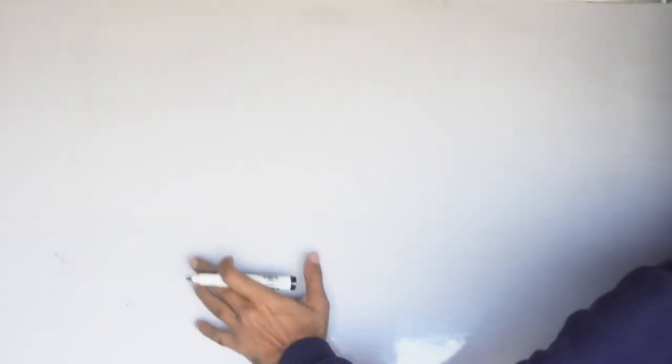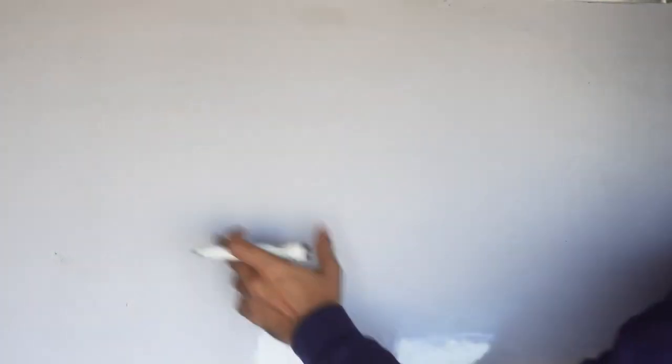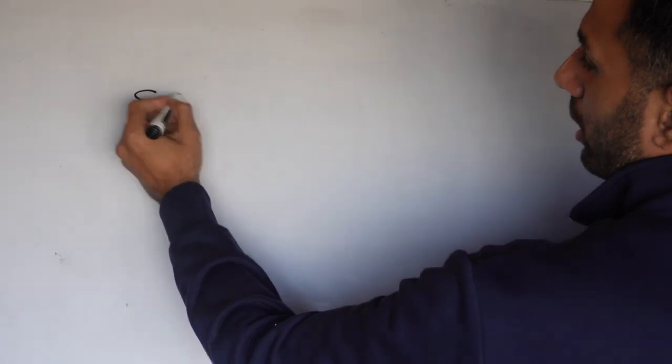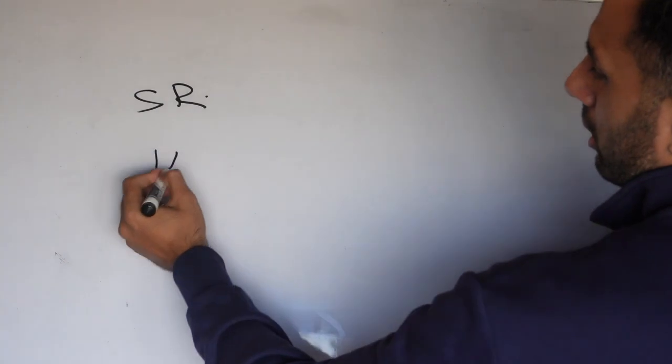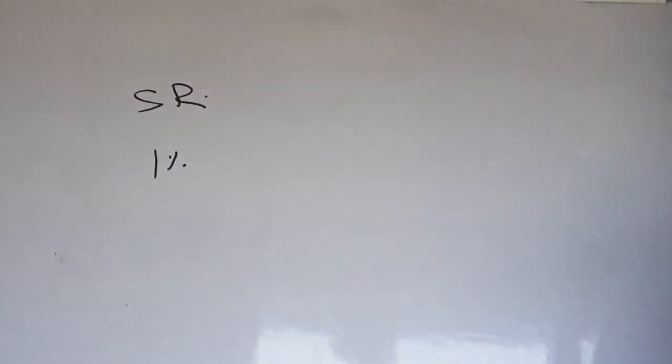First we're going to talk about static risk. Whenever we're talking about risk, we are basically talking about risk in terms of 1% to 2%. Let's denote static risk with SR. Static risk is, let's say you're a trader and you identify an opportunity, you're going to use 1% risk. That's the only thing you're going to use.